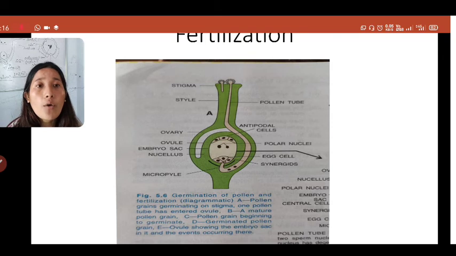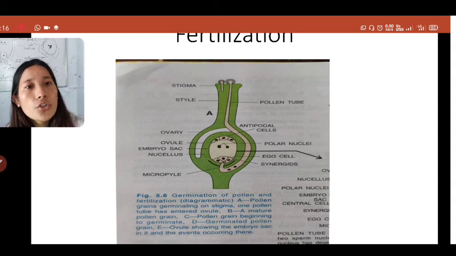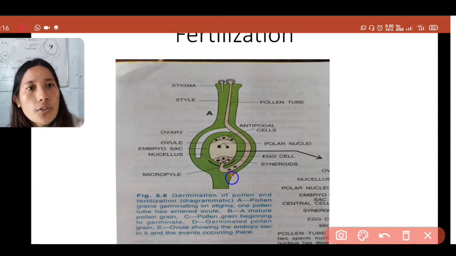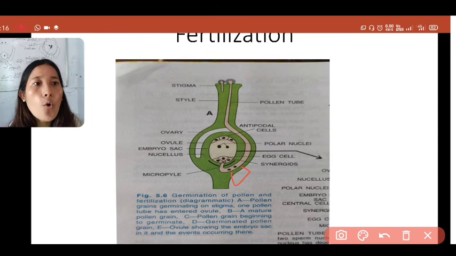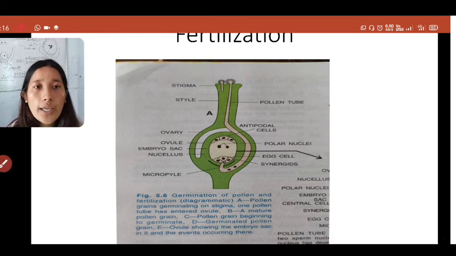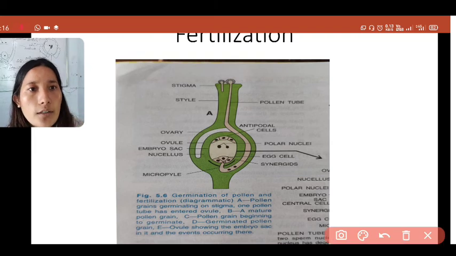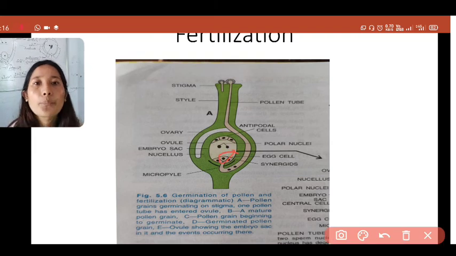After reaching the synergids, the growth of the pollen tube ceases. Out of these 2 sperm nuclei, one of them is going to fuse with the egg cell present here and form a zygote.